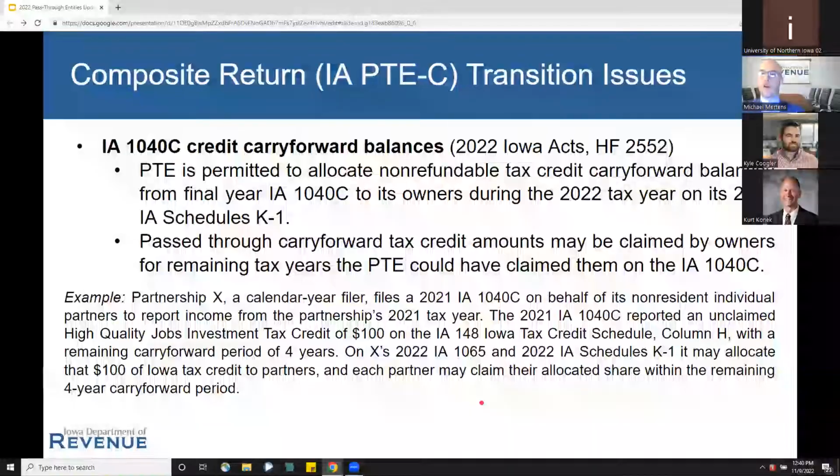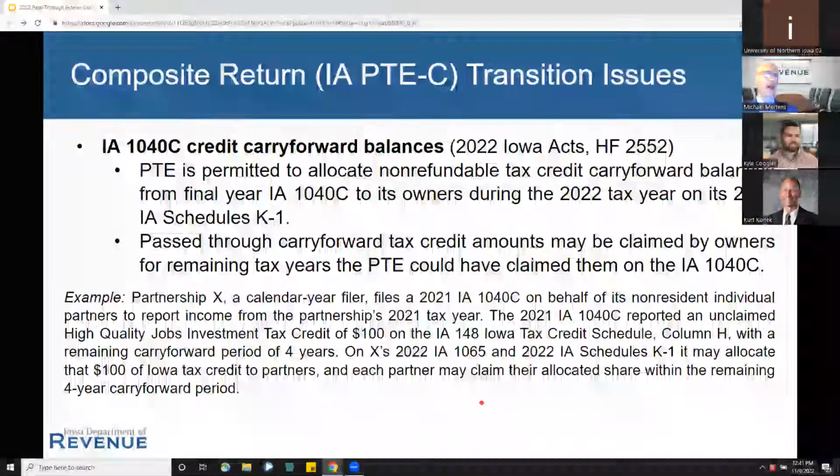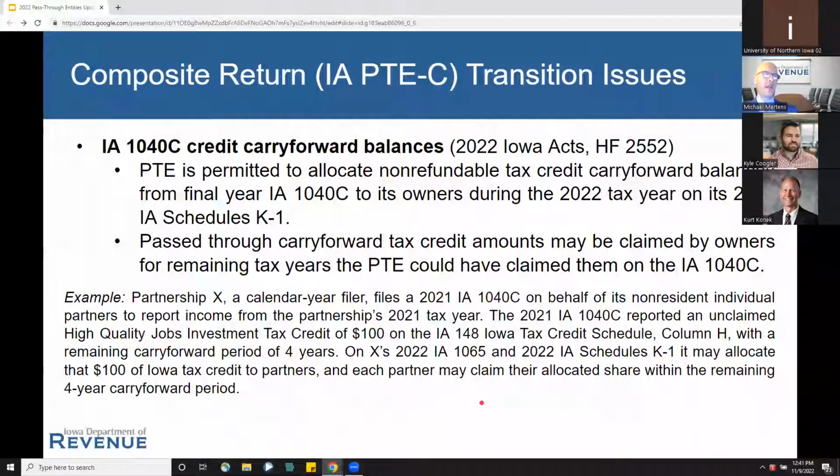And the legislature accounted for that last session in House File 2552. They passed some legislation which allows the pass-through entity to allocate those non-refundable tax credit carry forward balances from its final 1040C on its 2022 K1s to its owners in any manner it chooses.